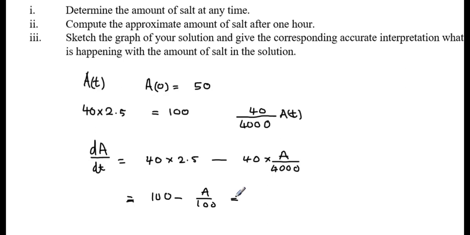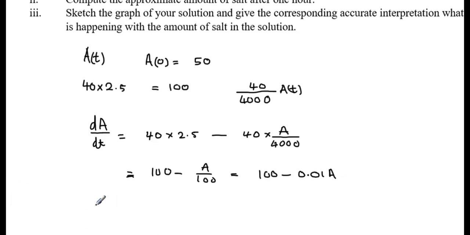Written in simplest form, we can simply write this as 100 minus 0.01A. In this case, we're in the presence of a differential equation which says dA/dt equals 100 minus 0.01A.